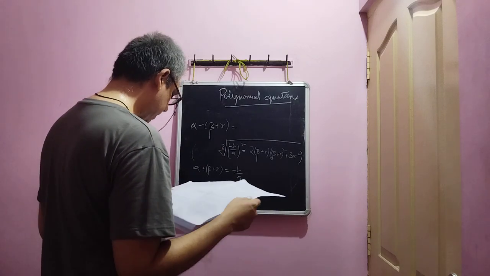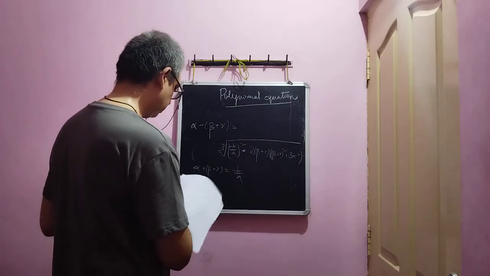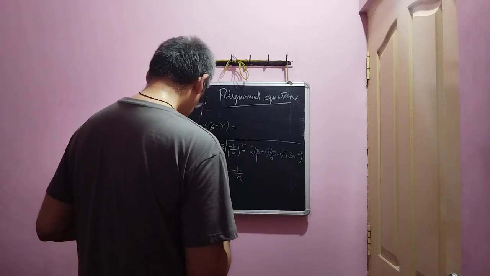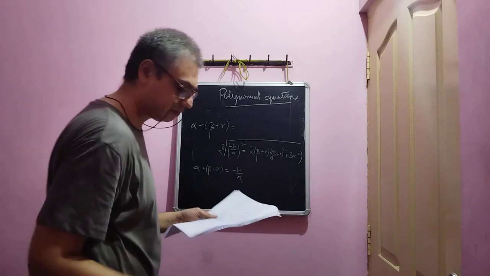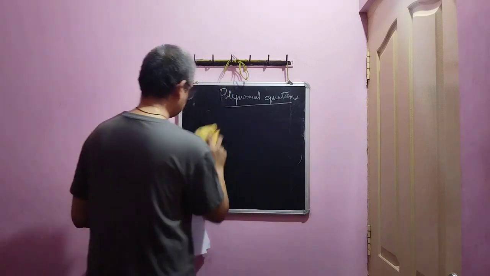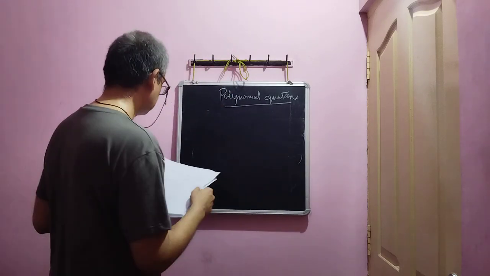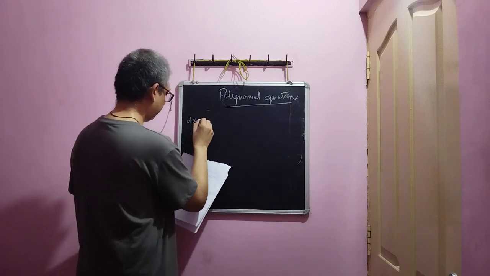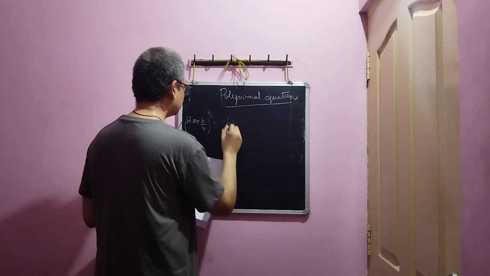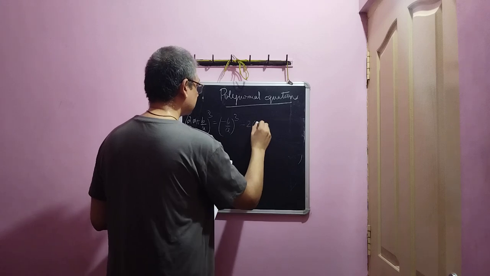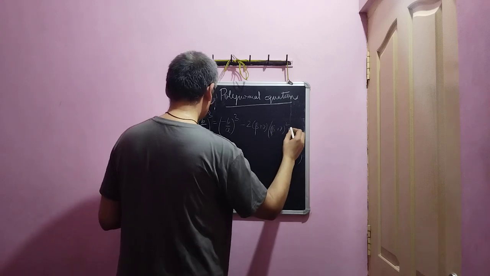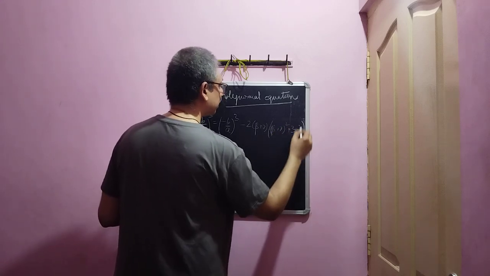And then cube it, right? So simplifying it further, you will get alpha plus b by a the whole cube is equal to minus b by a the whole cube minus 2 times beta plus gamma into beta plus gamma the whole square plus 3 alpha square.